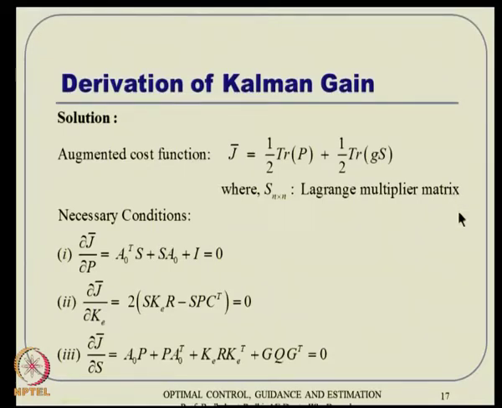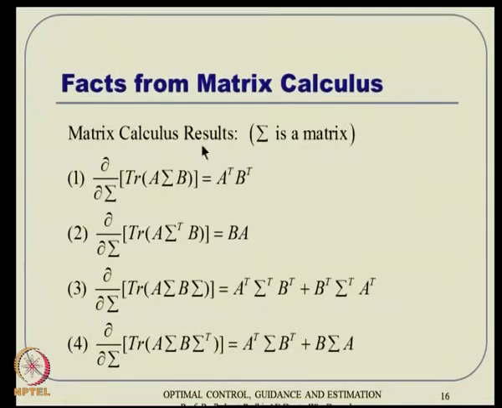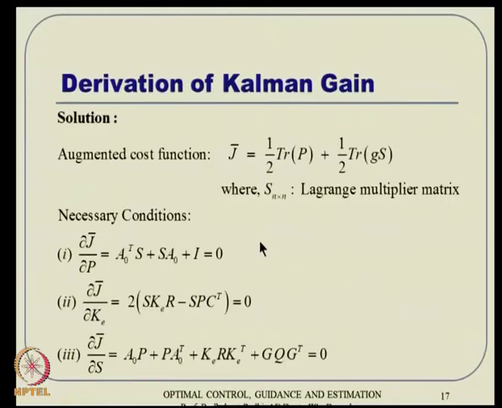Then the necessary condition is that all these derivatives, which are functions of P, K and S, are zero: the partial derivative of J bar with respect to P has to be 0, with respect to K has to be 0, and with respect to S has to be 0. Now these partial derivatives can be derived using some of these results, and it turns out to be something like this. We have to solve these three equations together, and that is not that difficult to see.